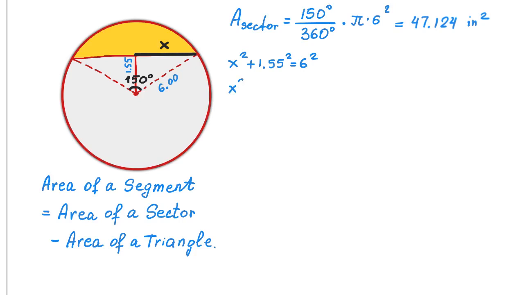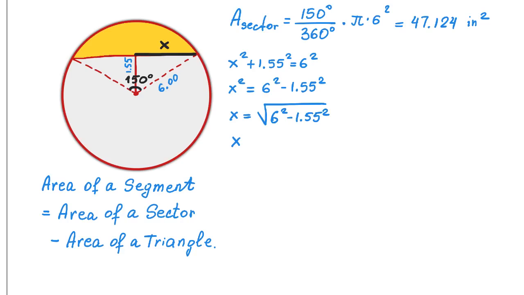X squared equals, we will subtract 1.55 squared on both sides and we will get 6 squared minus 1.55 squared. And then to find x, we will take the square root of the right side, 6 squared minus 1.55 squared.